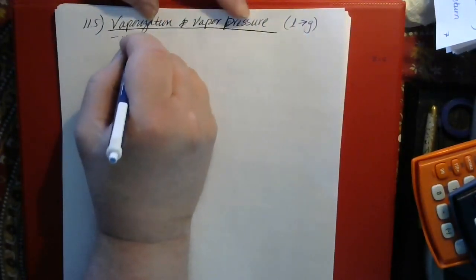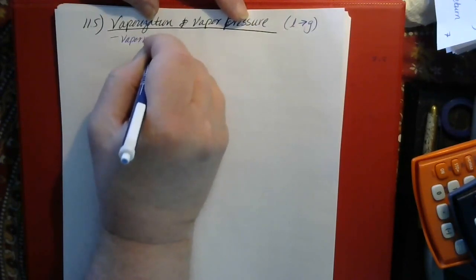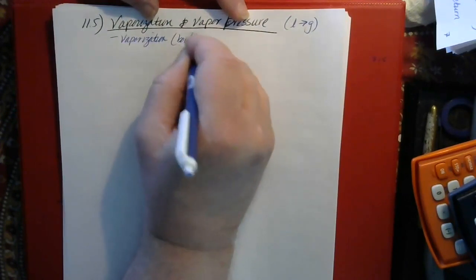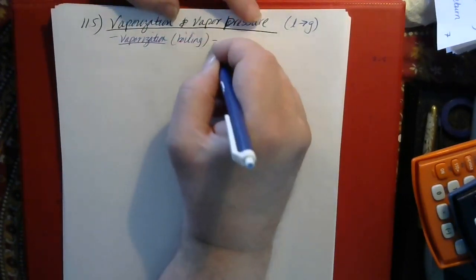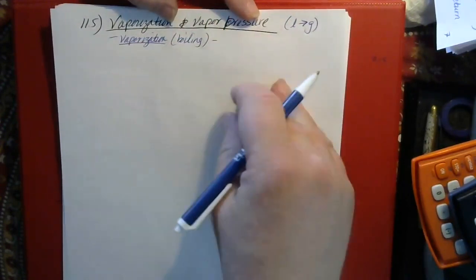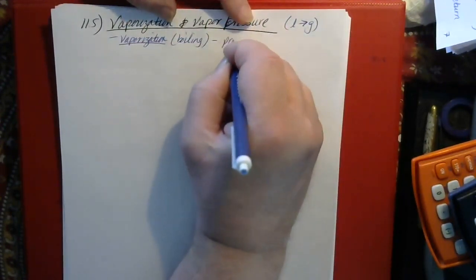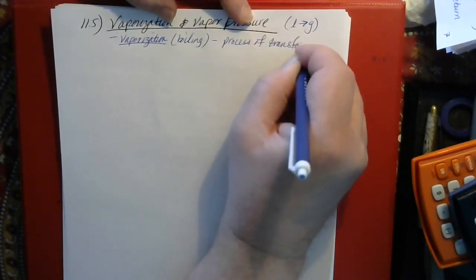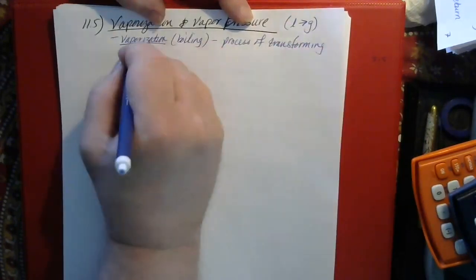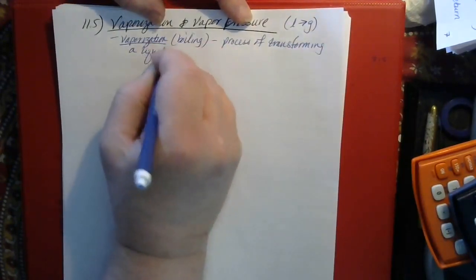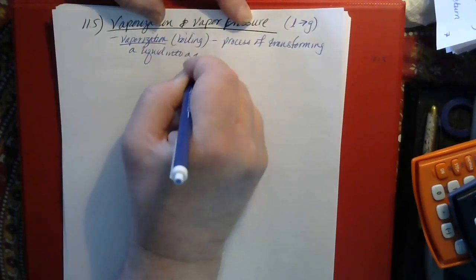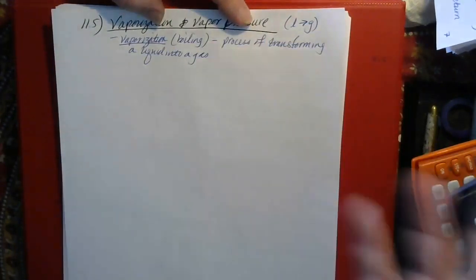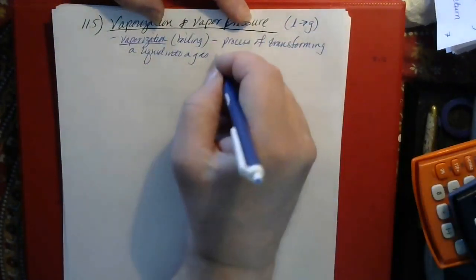And vaporization in scientific terms can be defined as the process of transforming a liquid into a gas by addition of thermal energy to overcome the intermolecular attractions.